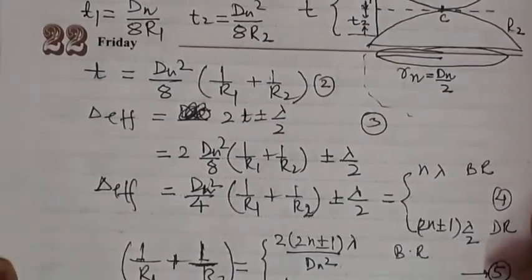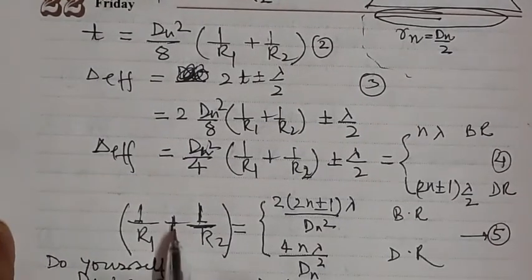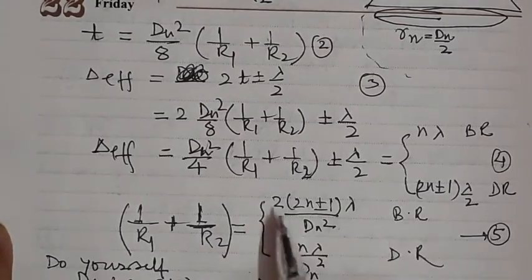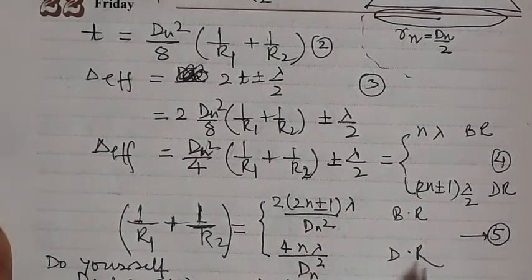One can have the relation 1 by R1 plus 1 by R2 equal to 2 times (2n plus or minus 1) lambda upon Dn square for the bright ring, and 4n lambda upon Dn square for the dark ring.